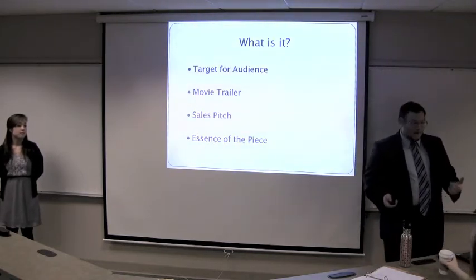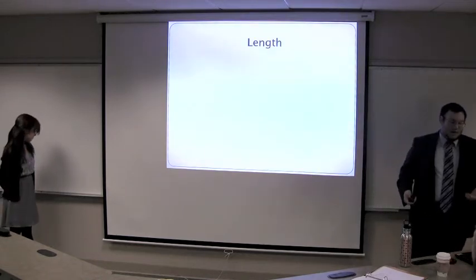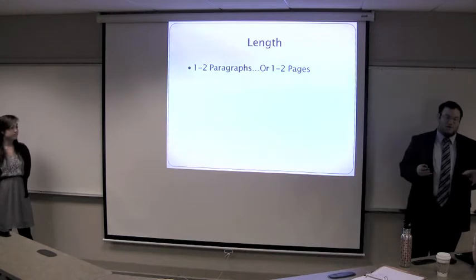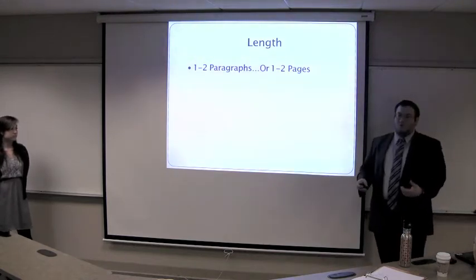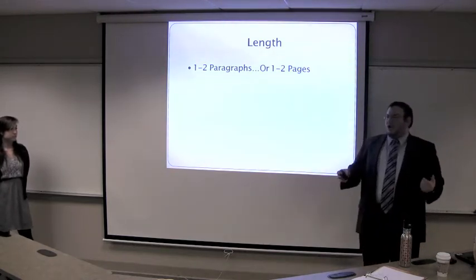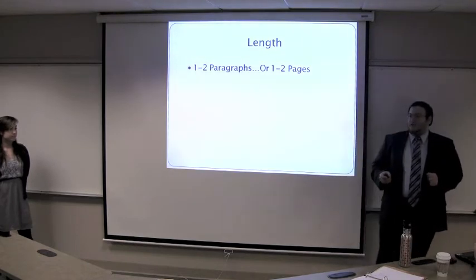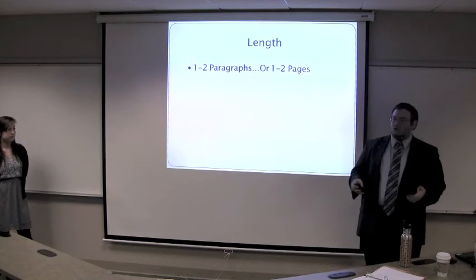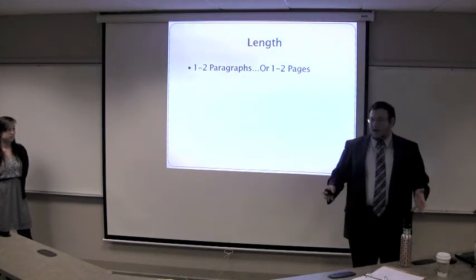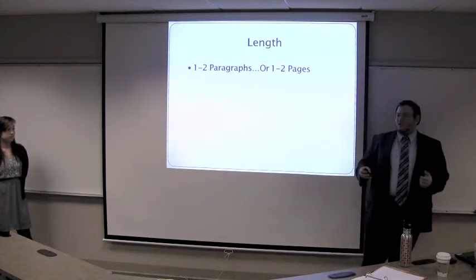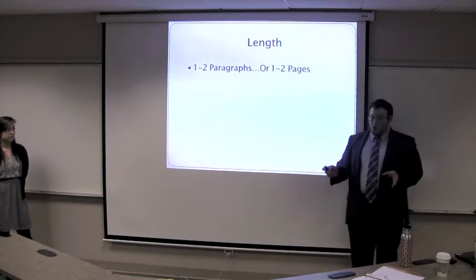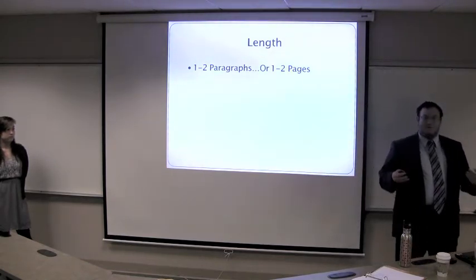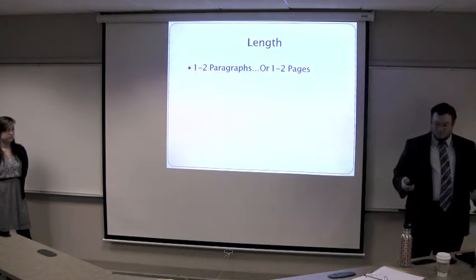And that leads me into my next point, which is talking about the length. Roughly, you want it to be 1 to 2 paragraphs, or you can even go as long as 1 to 2 pages. Another general rule of thumb is that it should never be any more than 10% of your entire work. So if you have a 100-page document, which is quite possible, a 10-page executive summary could be a bit long, but 3 or 4 pages for such a summary could be quite reasonable.